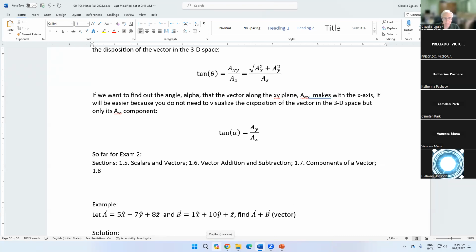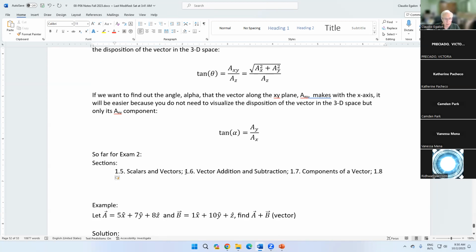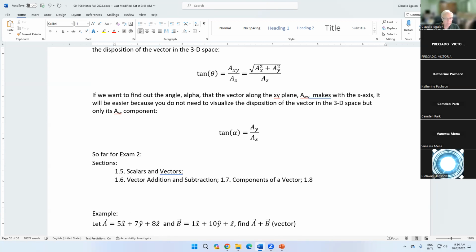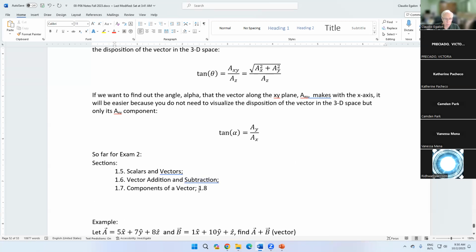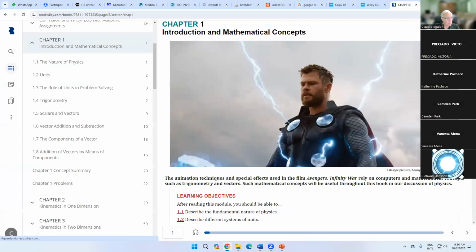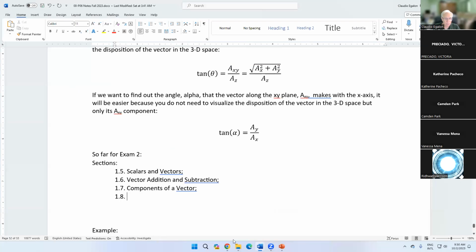And 1.8, addition of vectors by components, right? Addition of vectors using their components.